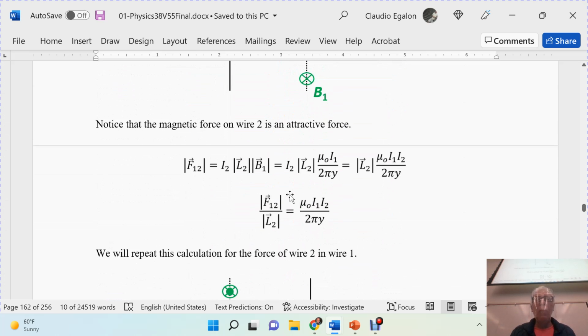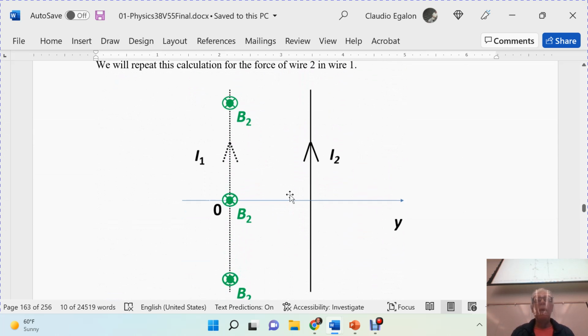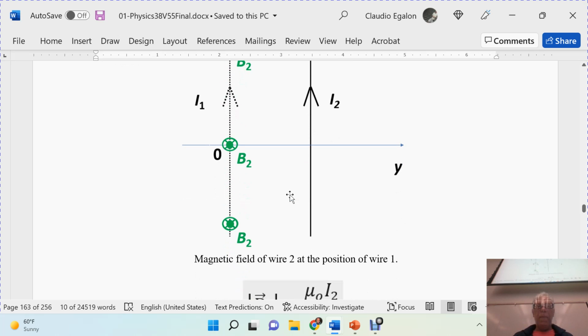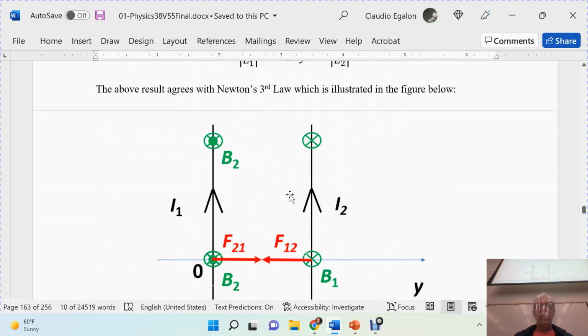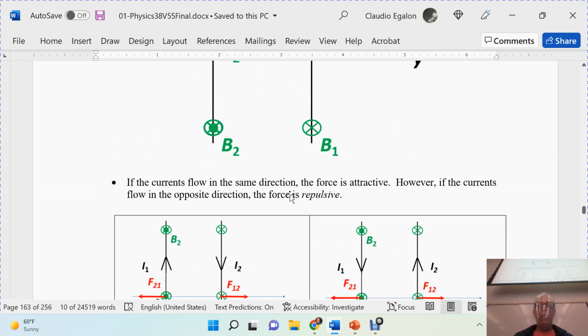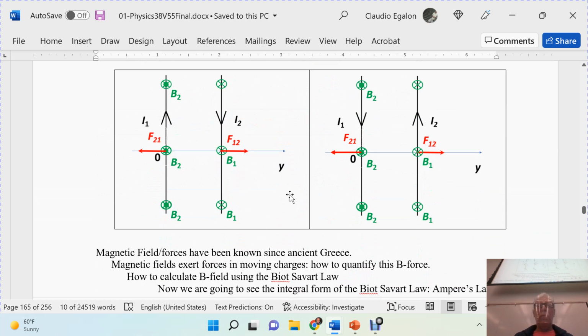So what does it mean? It means that if you have 2 current carrying wires carrying current in the same direction, they're going to have an attractive magnetic force. If we invert the current, then the force is going to be repulsive.